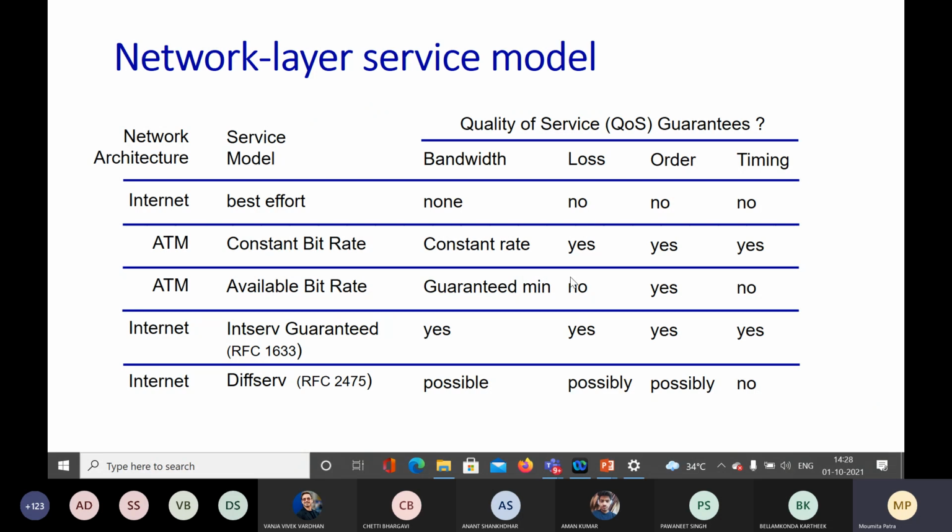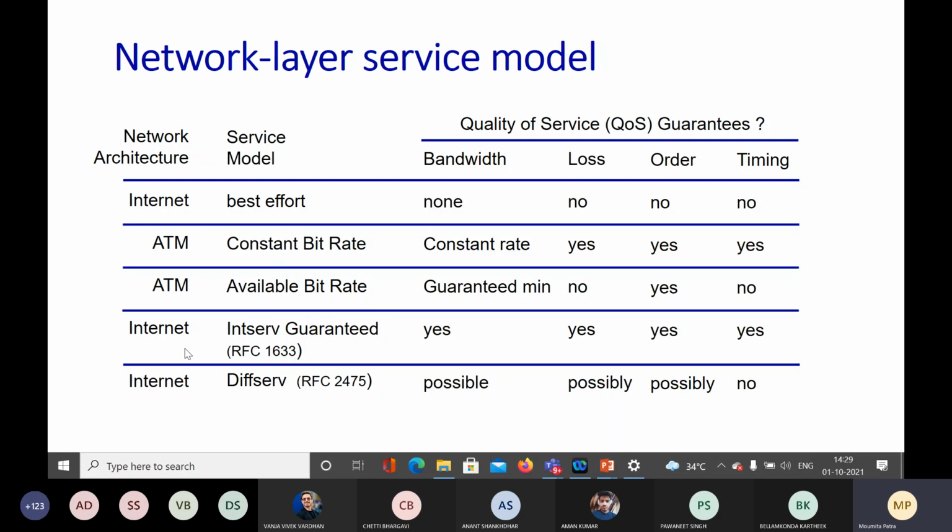Here there is packet loss, and in-order delivery of data, but there is no timing bound. I think I said that in constant bit rate packet loss is there, but actually packet loss is not there. So in CBR packet loss is not there, whereas in ABR packet loss is there.